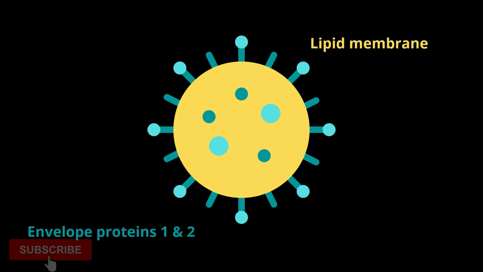They include envelope proteins 1 and 2, and they are important in gaining entry within the cell, while the lipid membrane actually protects the genetic material of the virus.